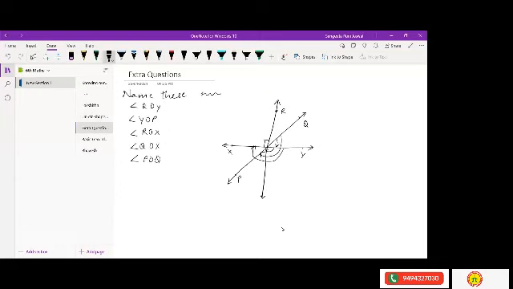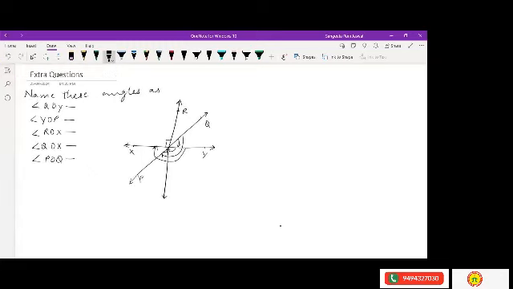Name these angles as acute, obtuse, reflex, or straight angles. Okay, right, children?